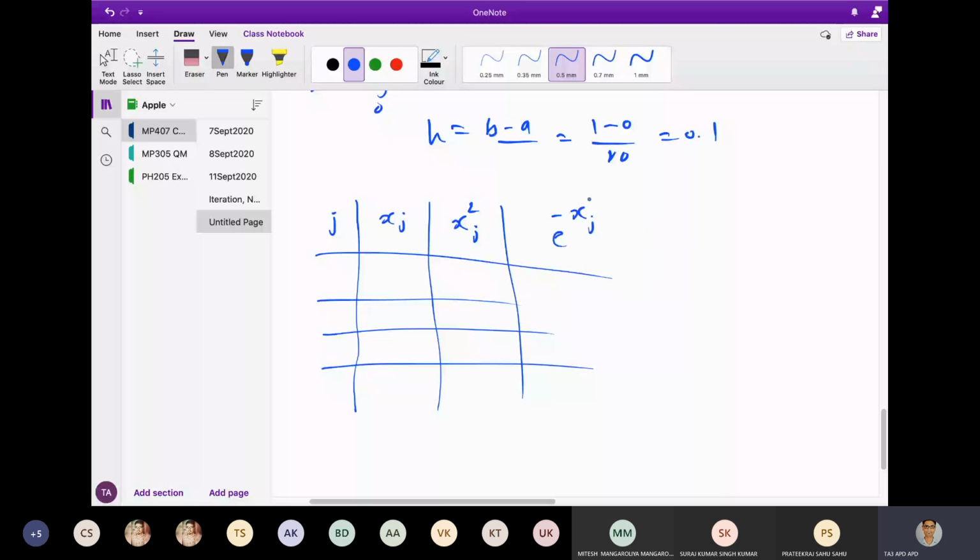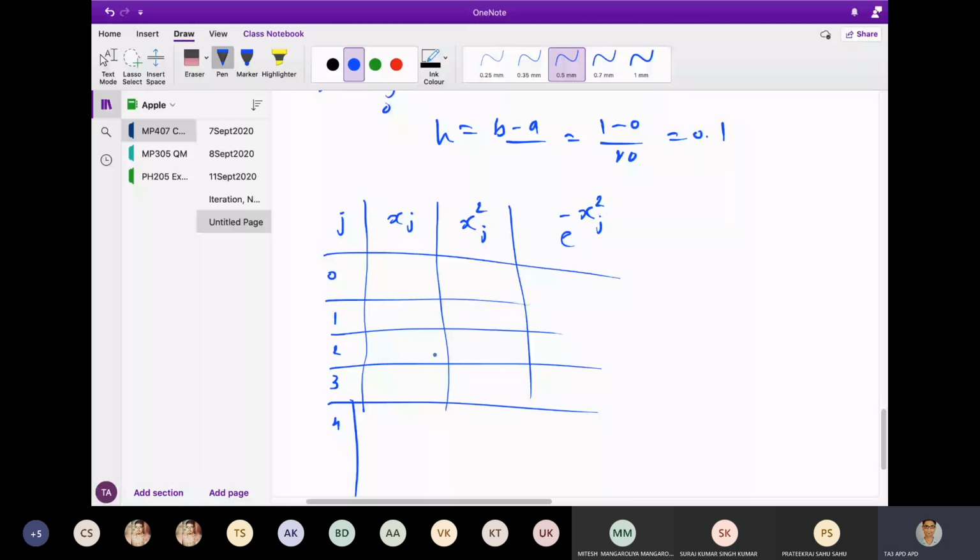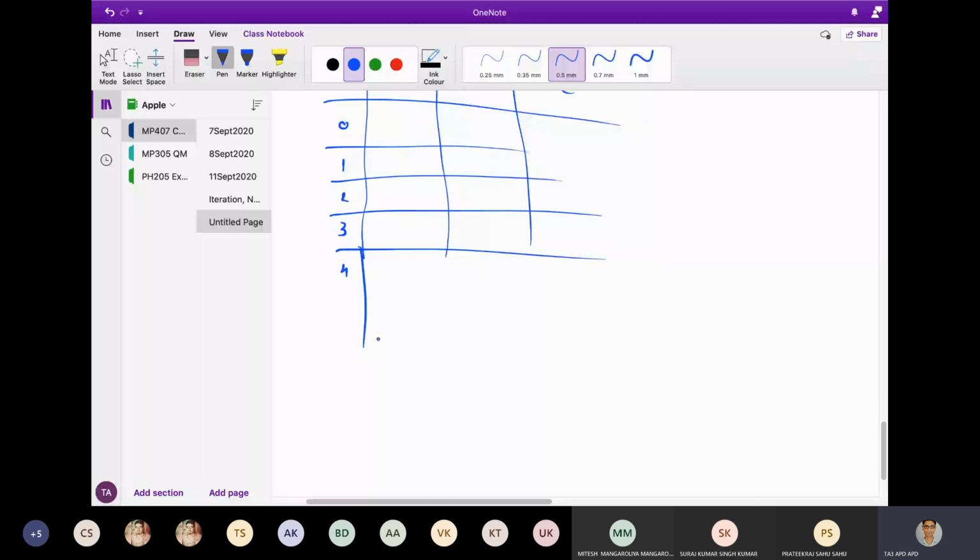So you start with j equal to 0, 1, 2, 3, 4, and so on, you will go up to 9, and at the end you will have 10. So you obtain this table.